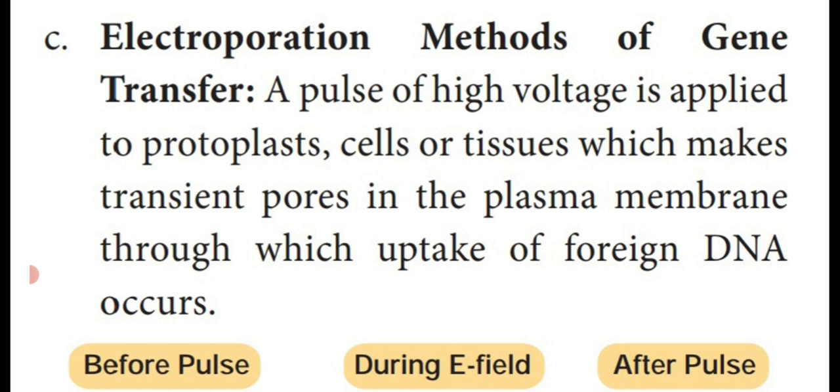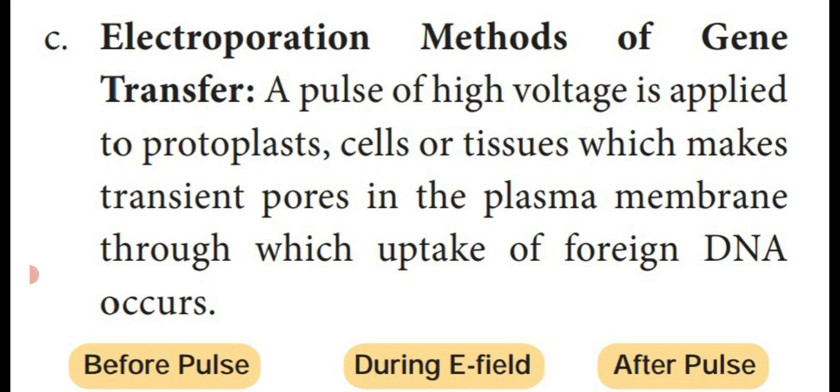See the paragraph. A pulse of high voltage, that's why I told you electric current, is applied to the protoplast, cell or tissue, which makes a transient pore. Transient means a temporary pore in the plasma membrane through which uptake of foreign DNA molecules takes place.